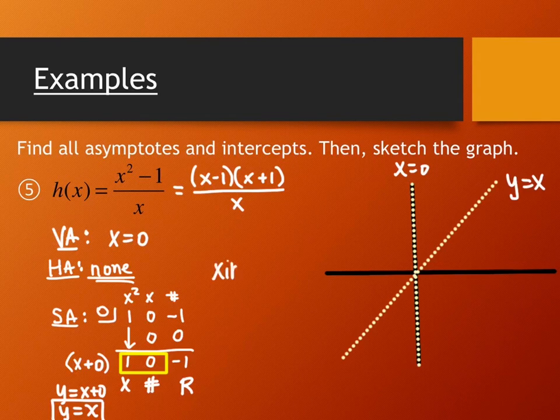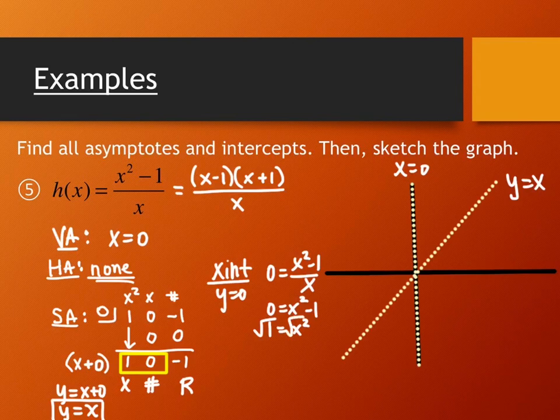So the x-intercept is when y equals 0. So if I set y equal to 0, what would this become when I cross multiply? 0 equals x squared minus 1, just the numerator. It always boils down to being just the numerator. And you know when that value equals 0, either because we factored it, x plus 1, x minus 1, or if you want to do it with square roots, you can move the 1 to the other side and take the square root.